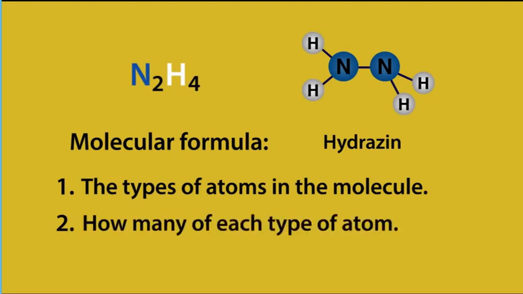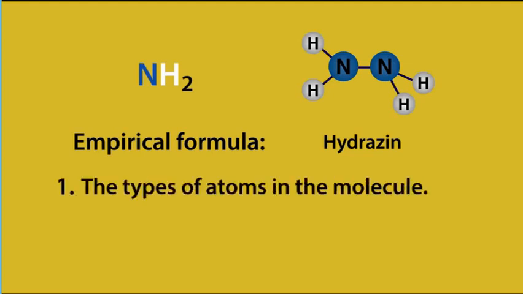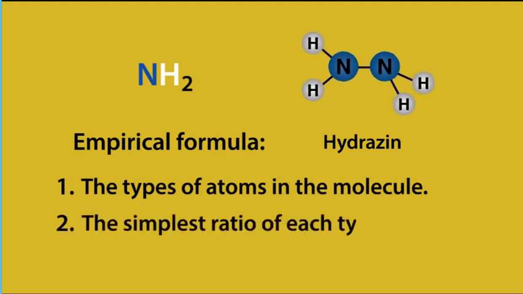In this case there are 2 nitrogen atoms and 4 hydrogen atoms. The empirical formula of a compound also tells us two things: one, the types of atoms in the molecule, in this case nitrogen and hydrogen, and two, the simplest ratio of each type of atom.